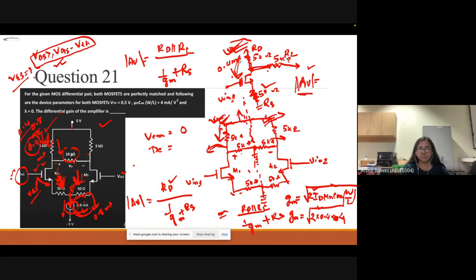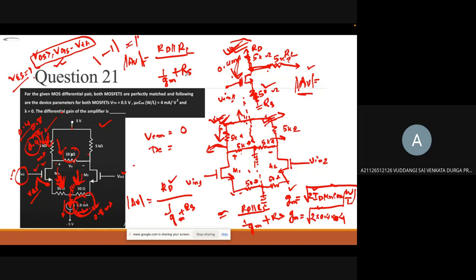Just put this value here and we can get the value of gm, and then put the value of gm in this equation. And the AV, what you have told is minus of something, so when you have used the mod, you are taking the magnitude, so there is no need to write the minus, because minus of mod something will be positive.